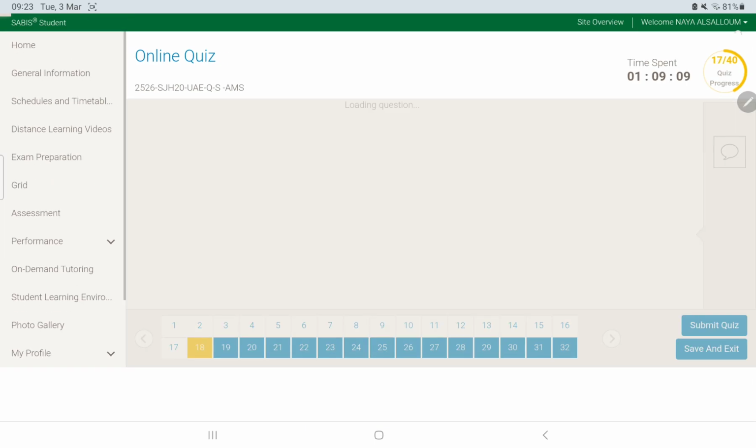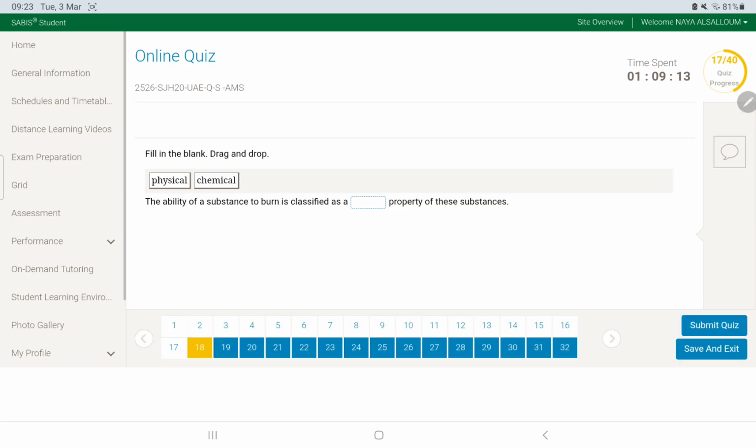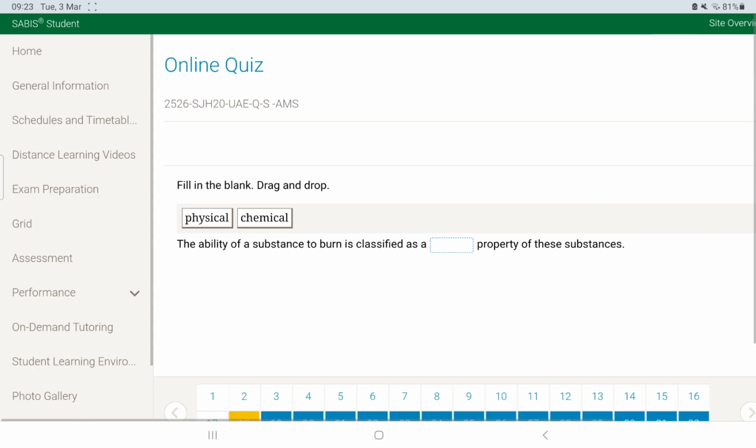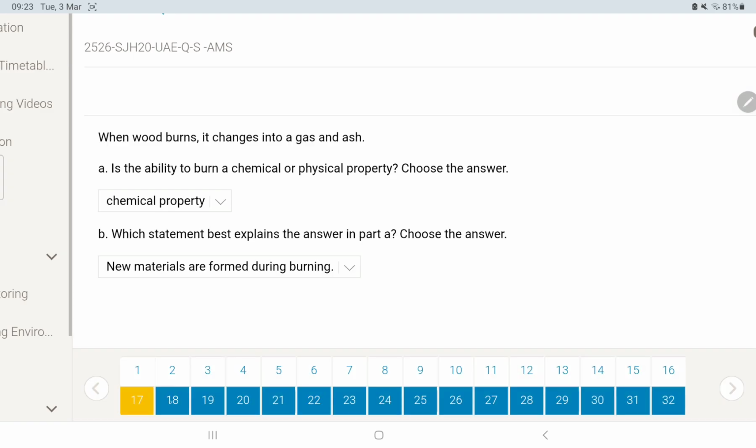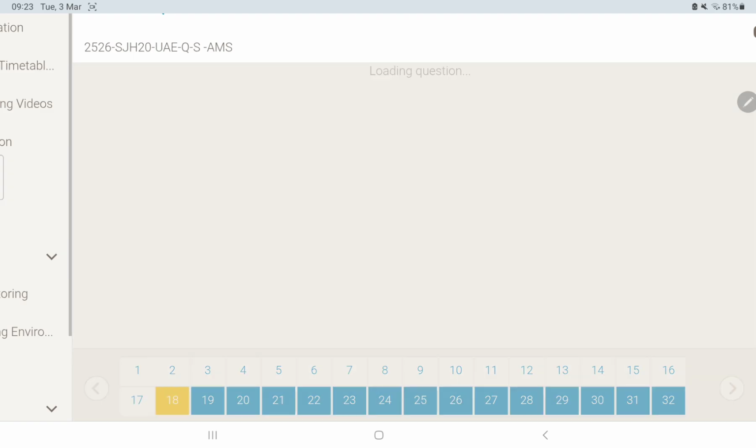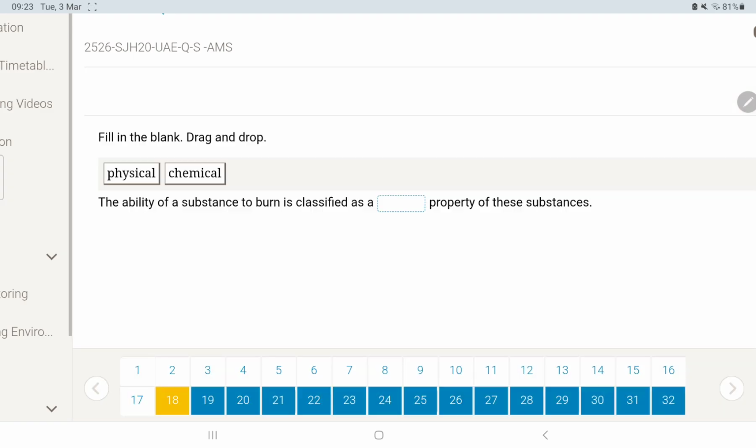So here, let's continue. The ability of a substance to burn. Oh, wait, sorry, just let me check something. We got it. Okay. Here, the ability of a substance to burn is classified as a chemical property. Guys, remember in the previous question, it said the ability to burn is classified as chemical. Okay?